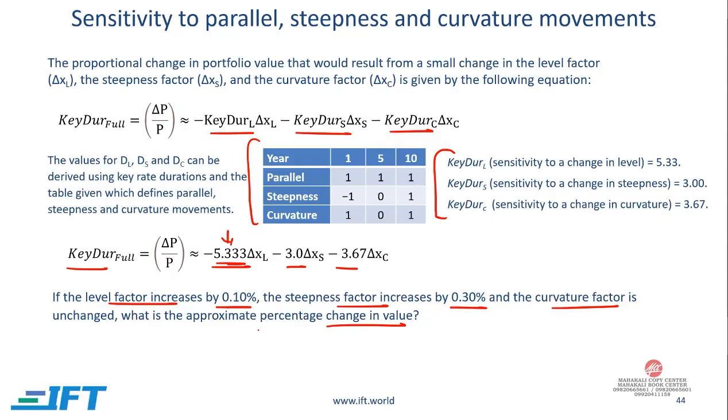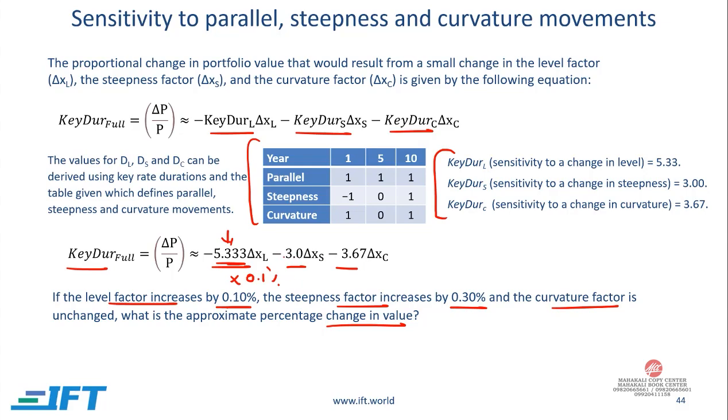So I want you to calculate this. So hopefully this is what you'll do. So minus 5.33 times change in level. What's the change in level? It is 0.1%. And then minus 3 into change in steepness. What is the change in steepness? That is 0.3%.